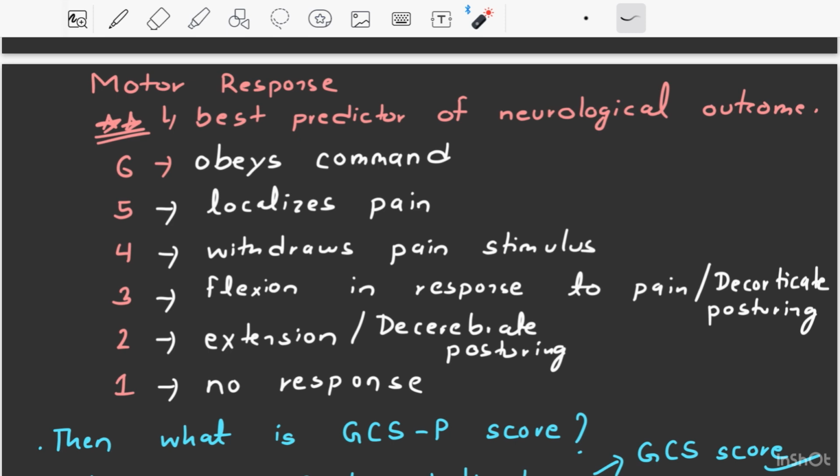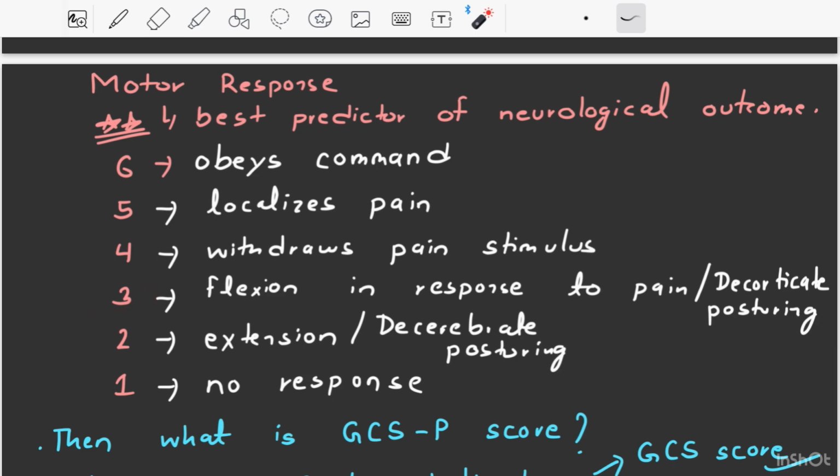If the patient does not obey command but can localize the pain given to him, then the score is 5. If the patient withdraws from a pain, we give him a score of 4. If the patient cannot withdraw but flexes the arm towards the pain, then we give him a score of 3.